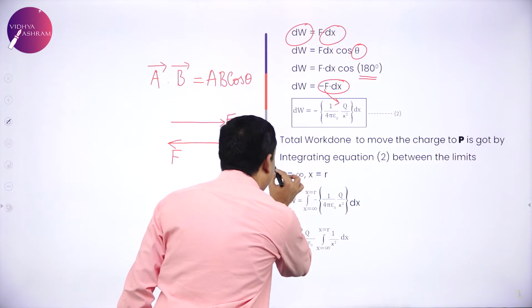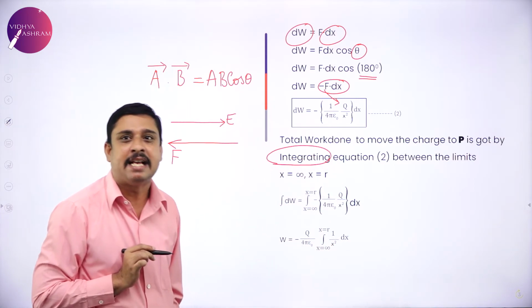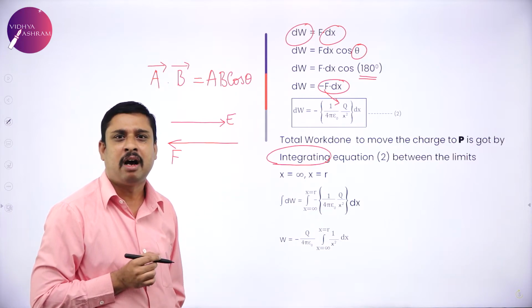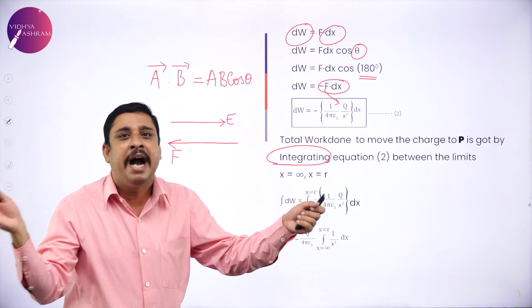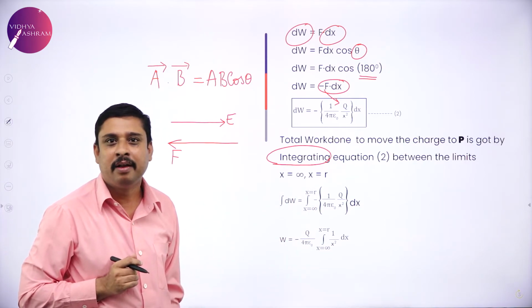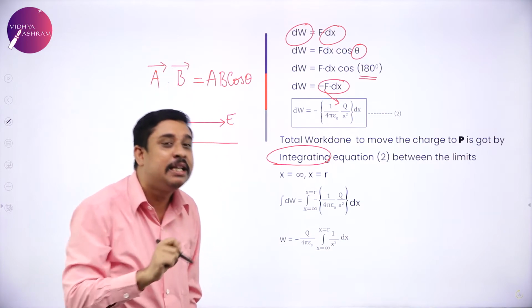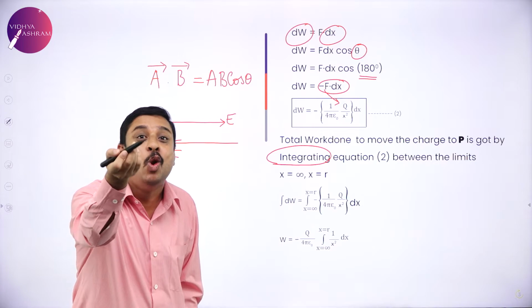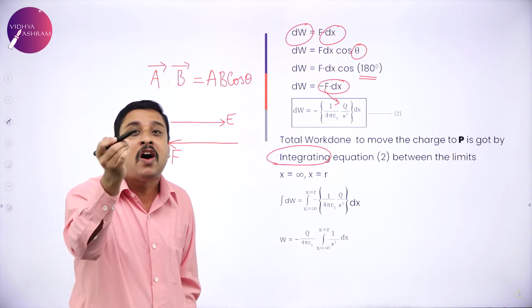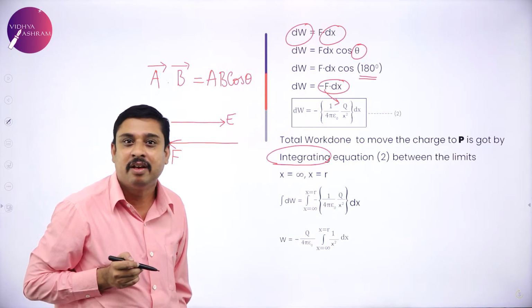That is where I use a new technique called integration. You have studied it in first year. Integration means summing up, addition. Now, from where did I start moving the charge? From infinity. That we call the lower limit or starting limit of integration.